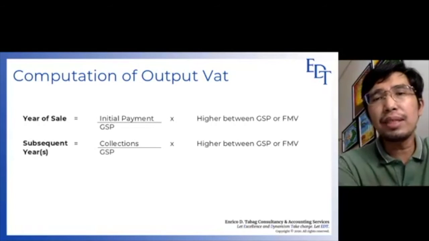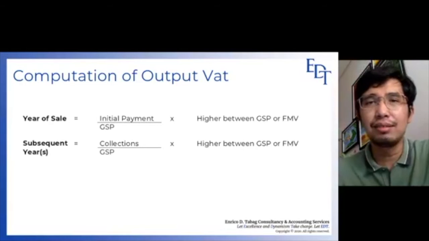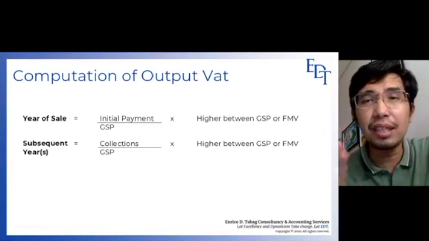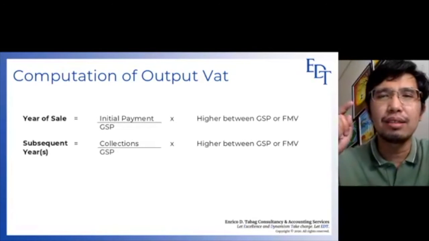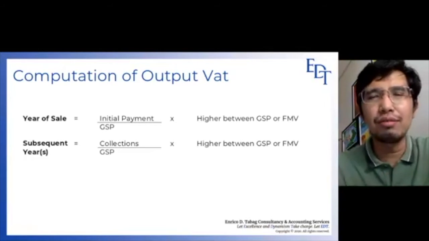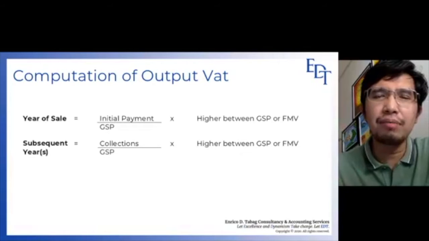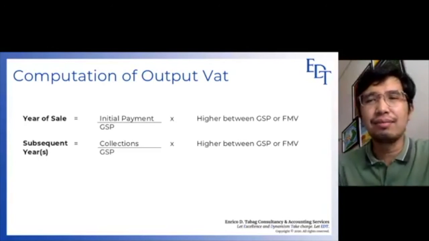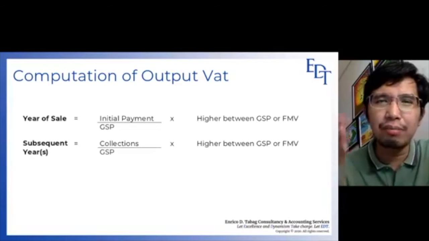Kasi, the moment na sinabi mong FMV lang, we are pertaining to the higher between the assessed value or the FMV given by the provincial or city assessor and the zonal value given by the BIR.